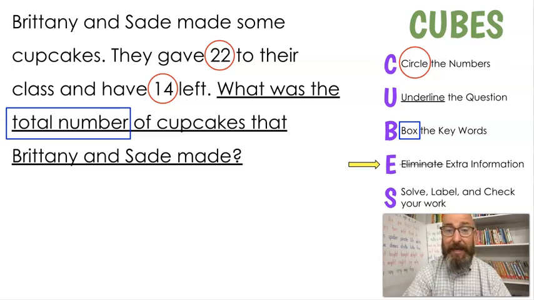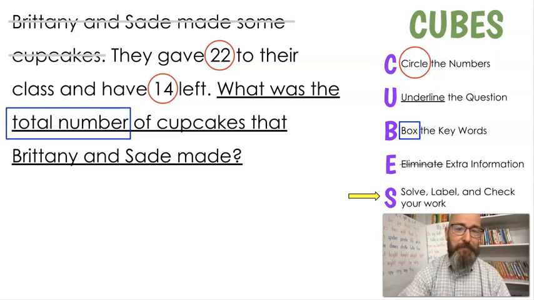Next is E, eliminate extra information. Is there anything in here that does not help us solve the question? There is. Brittany and Sade made some cupcakes. Next, we're going to solve, label, and check our work.